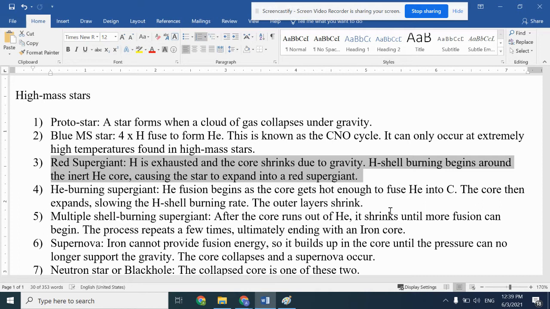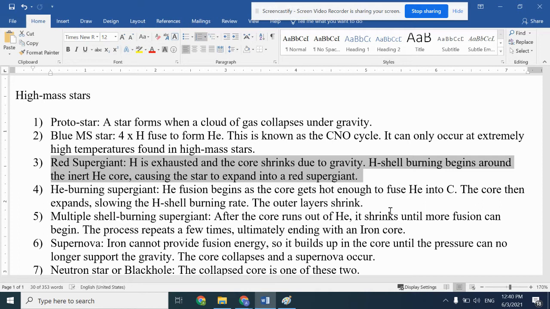Then a hydrogen shell will begin to reignite and conduct fusion. That hydrogen shell is surrounding an inert helium core. Because that hydrogen shell burning begins to occur, it throws off a tremendous amount of energy, and that pushes the outer layers of the star outwards, causing it to expand. And that's how it becomes a red supergiant.